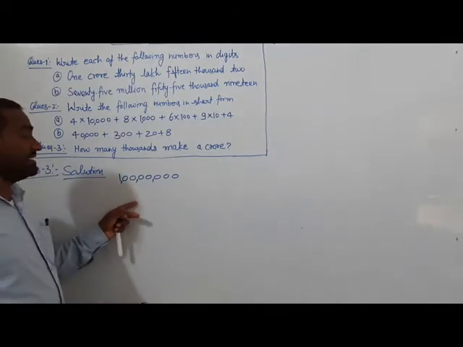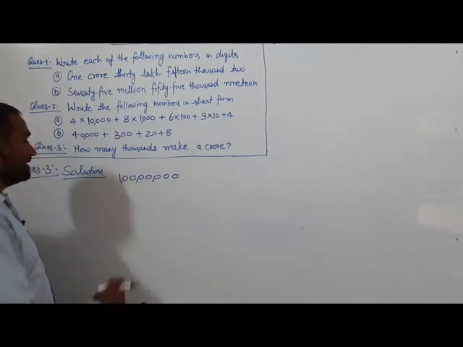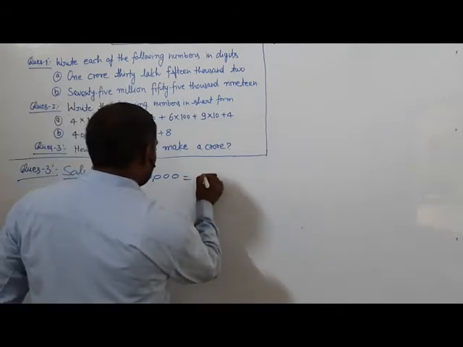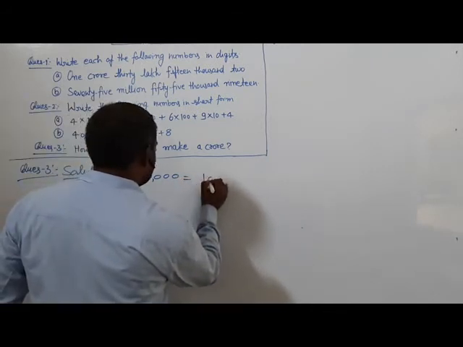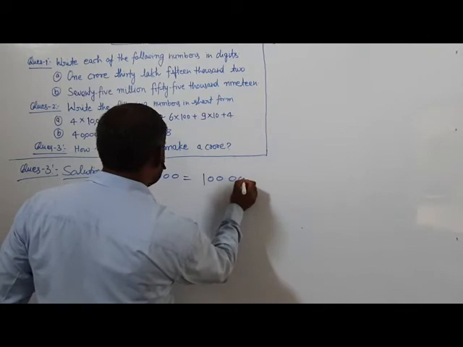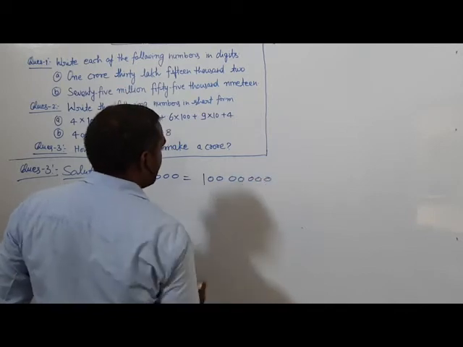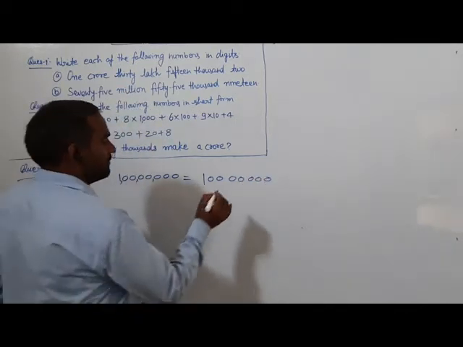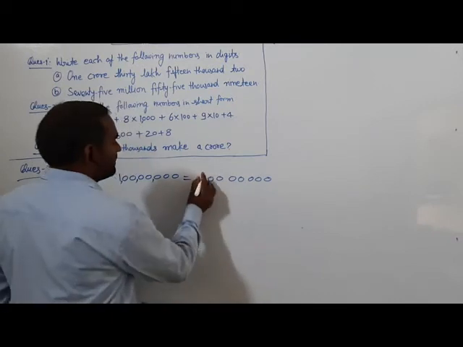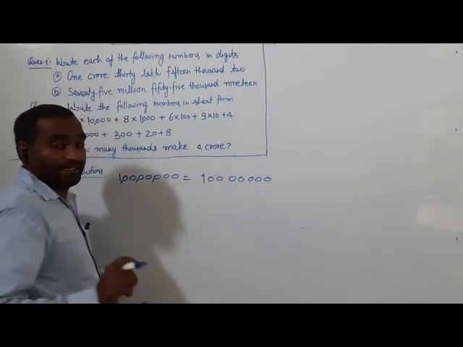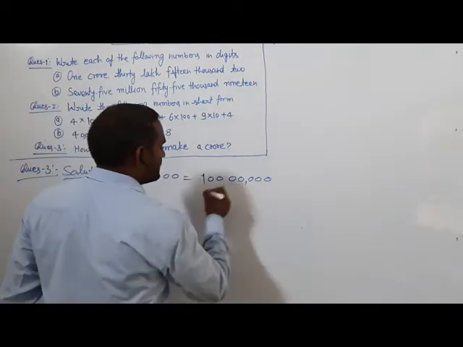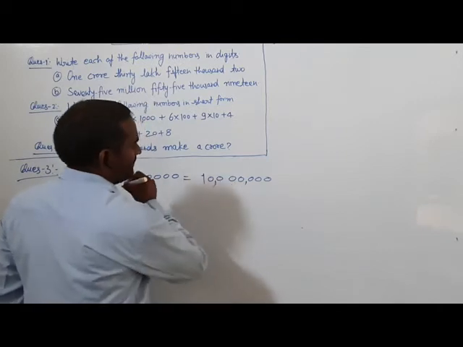Now we have to change it into the international system. It is equal to 1 0 0 0 0 0 0 0. Now we have to use the periods after 3 digits in the international place value chart. Ones, 100, thousand, 10,000, 100,000, million, 10 million.